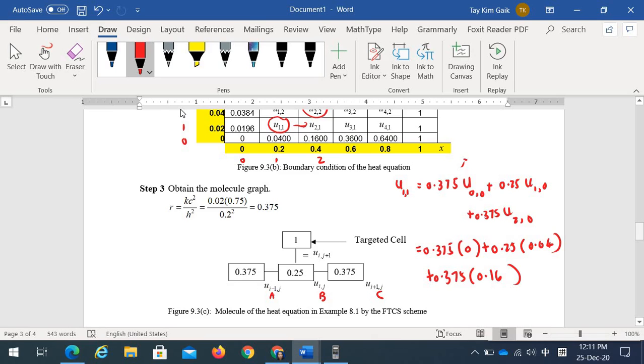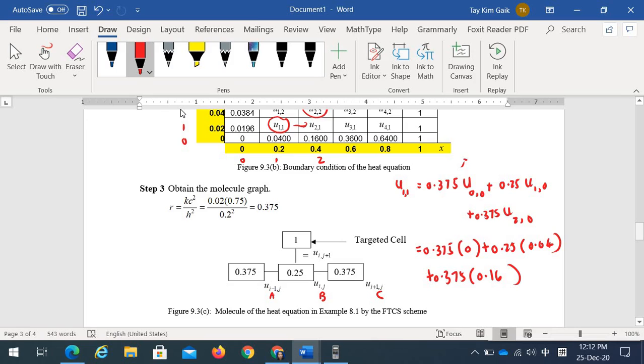This is U10, this is U20. So fill in the values for U00, U10, U20. So step 1, step 2, later on you key in the calculator, including the operation and the values. So it will be time consuming.